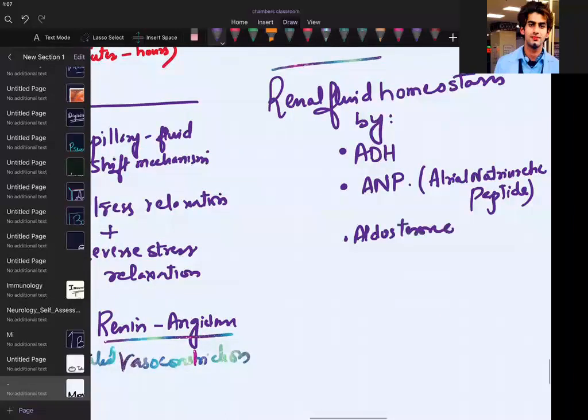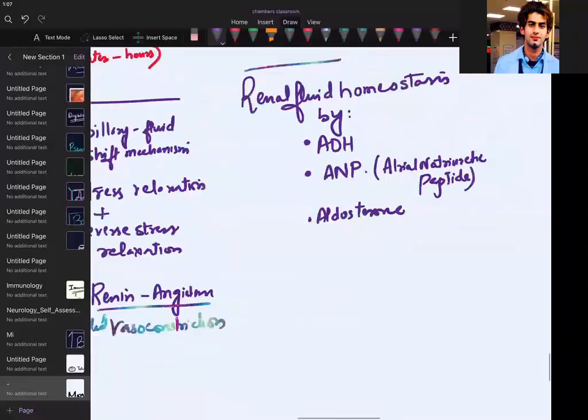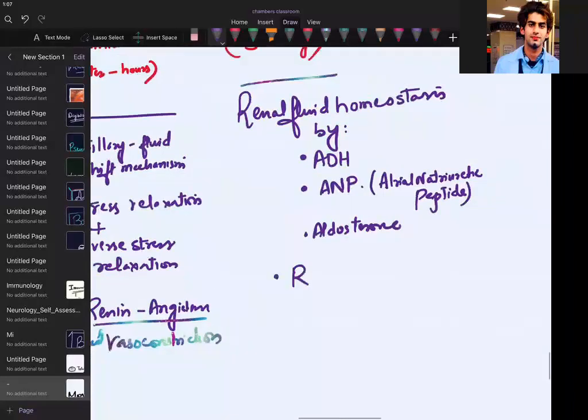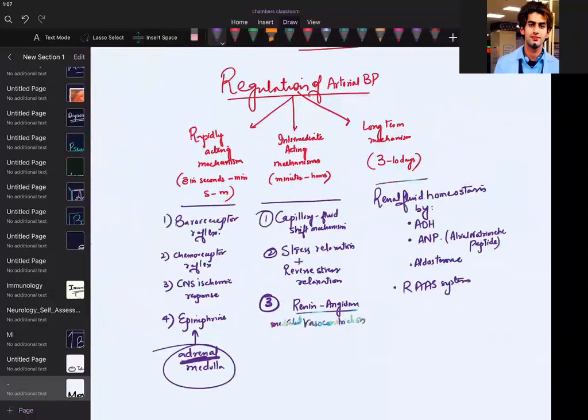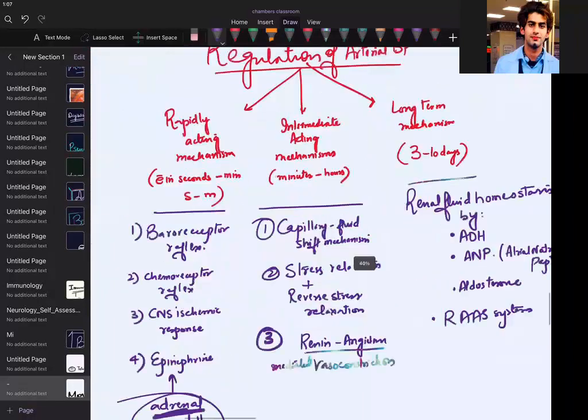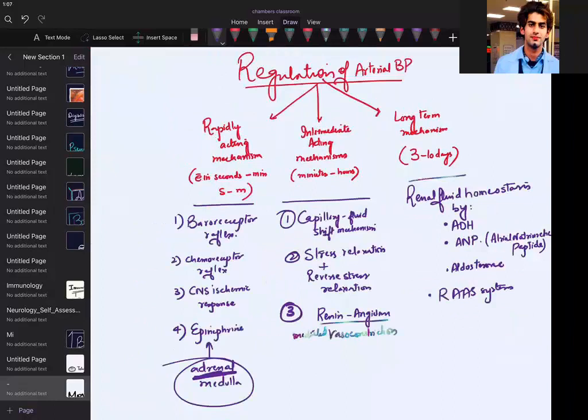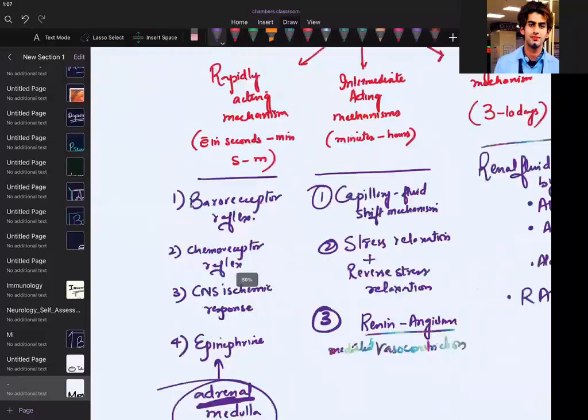And you have now all the RAS here. Are we clear the concept? Guys, never think of RAS first. First, you should identify what is the mechanism. Is it a rapid or is it a long term? So please write here only.